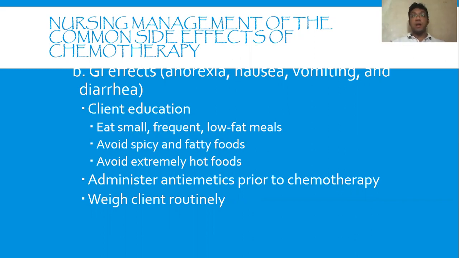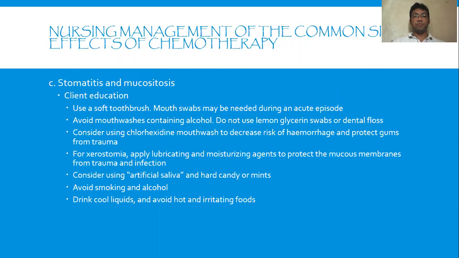So give antiemetics such as metoclopramide or Plasil. Metoclopramide can be taken by the patient prior to chemotherapy in order for the patient not to vomit. And weigh the client routinely as well to check if there's weight loss brought about by anorexia.